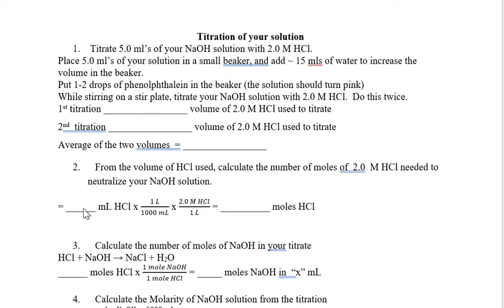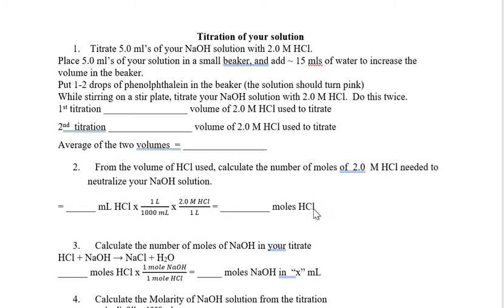I would write down 19.0 milliliters of hydrochloric acid, and I have to convert that to liters, so 1,000 mils equals 1 liter, and then I'm going to multiply that by 1 mole per liter, because my solution is 1 molar rather than 2, and that will give me the number of moles of hydrochloric acid in 19 mils. So if I do those calculations, I come up with 0.019 moles of hydrochloric acid.